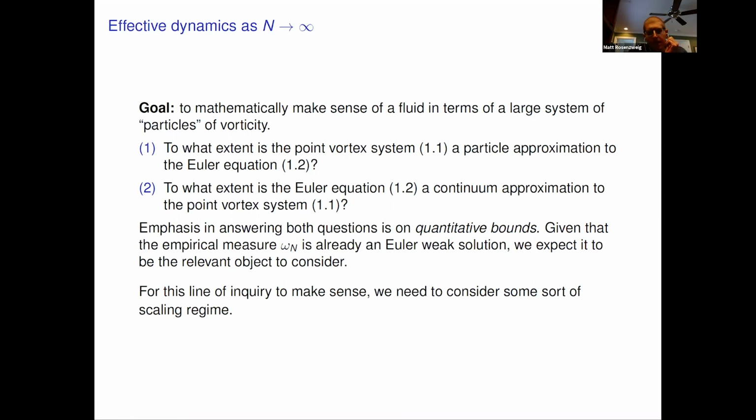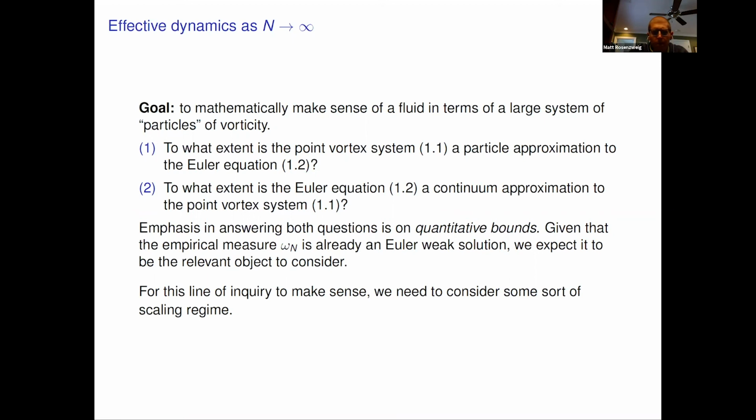Now, our emphasis in answering both of these questions is on quantitative bounds, because it's more useful to have an estimate of how close two things are than just knowing that they get close in some asymptotic regime. And given that the empirical measure, which we're denoting by omega n, is already a weak solution to the Euler equation, we expect this to be the relevant object to consider in trying to answer these two questions.